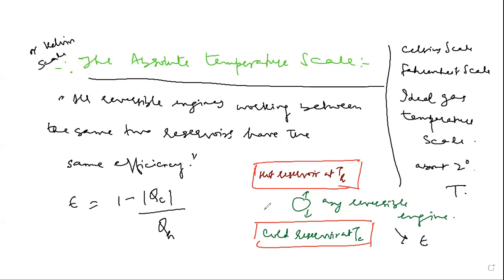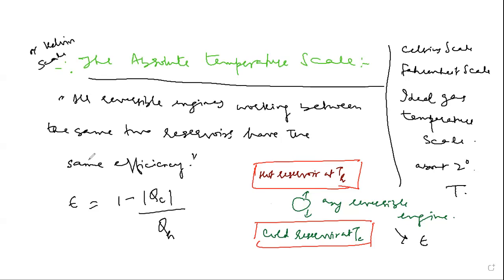So as long as the engine performs a reversible cycle, what is the meaning of that? In a reversible cycle, heat absorption and rejection take place isothermally and quasi-statically, and the system changes its temperature adiabatically and quasi-statically.